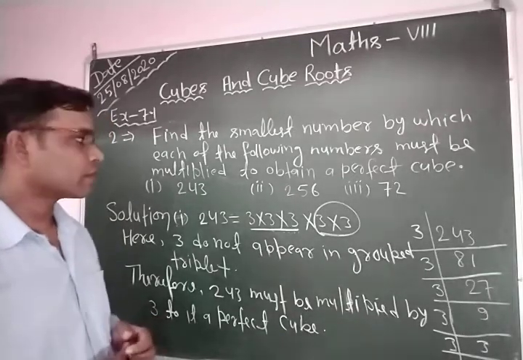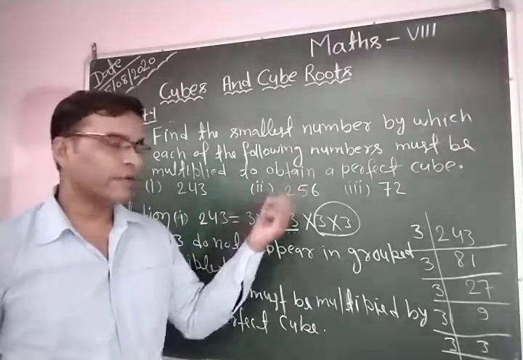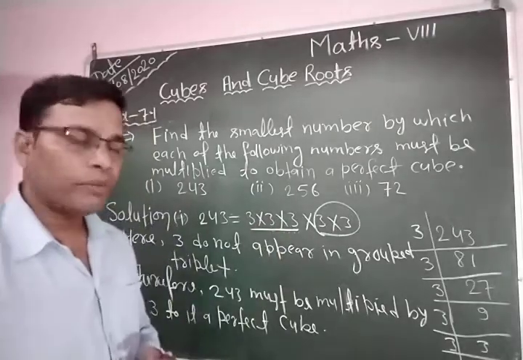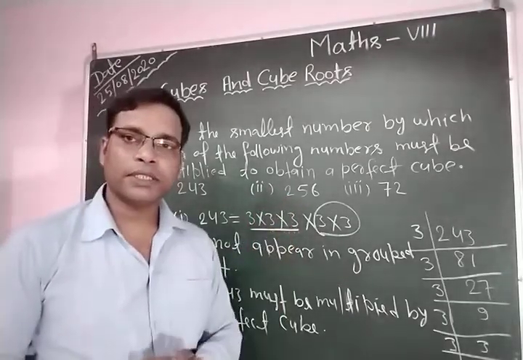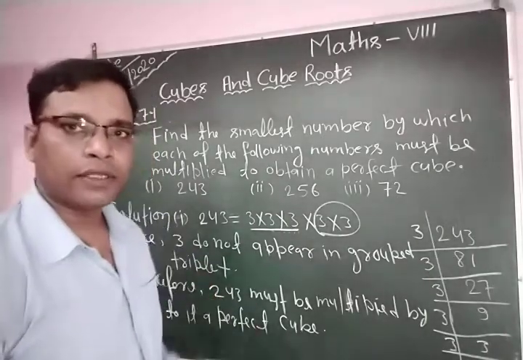Okay, now the next number is 256. Now we are going to find the least number that we multiply with 256 to make it a perfect cube. So let's see how to do it.